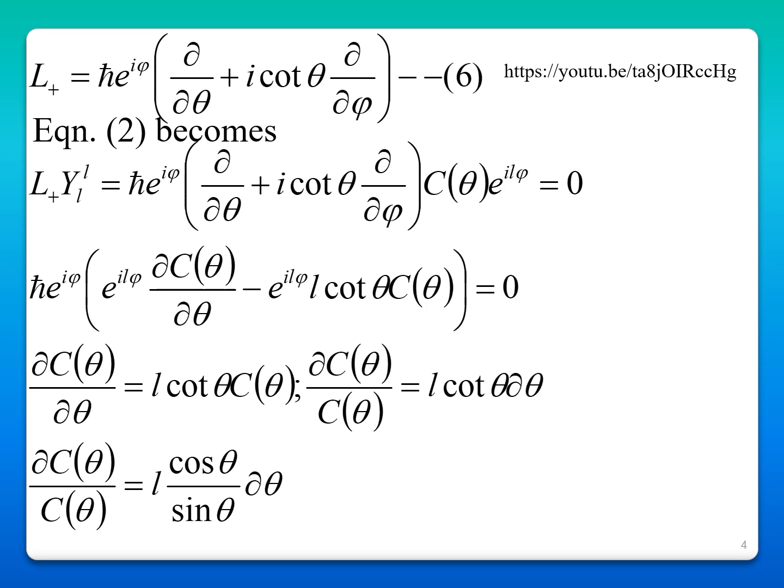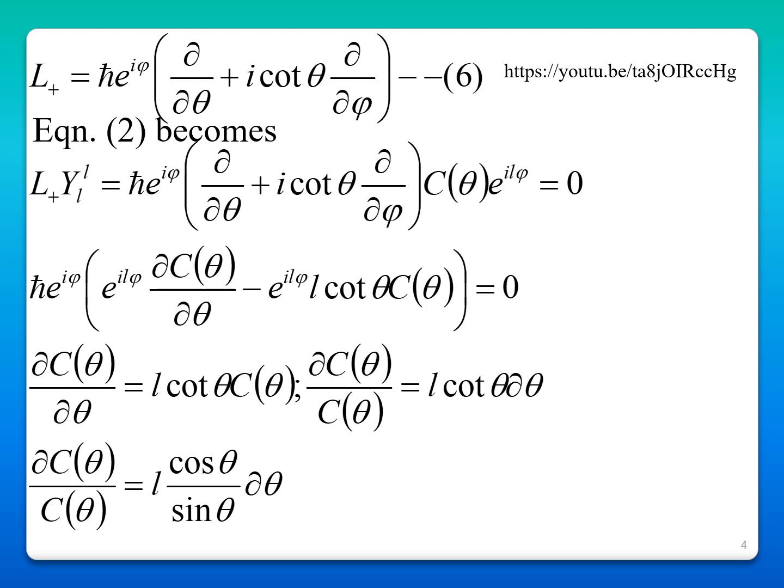So differentiating, it is h cross e power i phi, then e power i l phi del C of theta by del theta. And if you differentiate e power i l phi, you will get i l. There is already a plus i, so it is minus e power i l phi times l cot theta C of theta, and that is equal to 0.